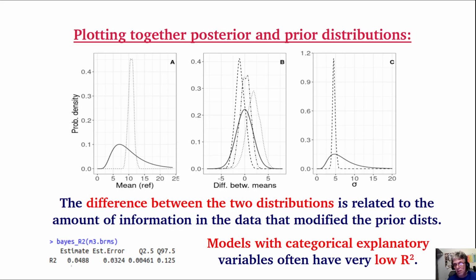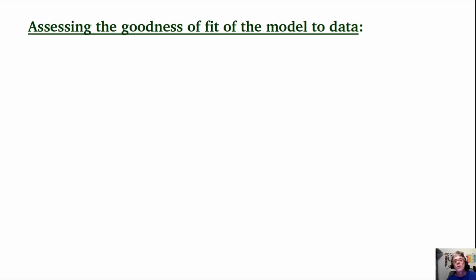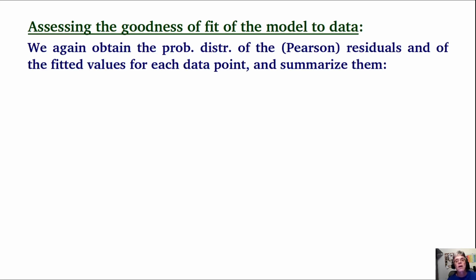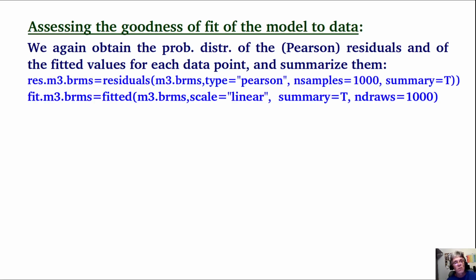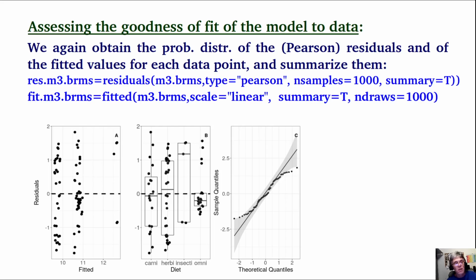So this, as I said in the previous video, is very typical of models that have a single categorical explanatory variable. In order to assess the goodness of fit of the data, we again obtain the probability distributions of the Pearson residuals and of the fitted values and summarize them in order to obtain the mean of the residual for each of these points, from which we make the following plots, the plots of the residuals against the fitted values.